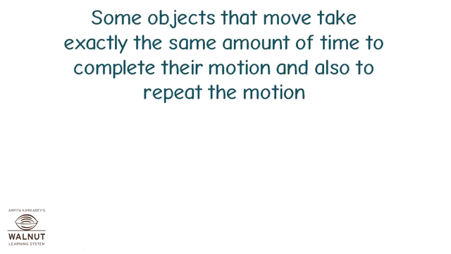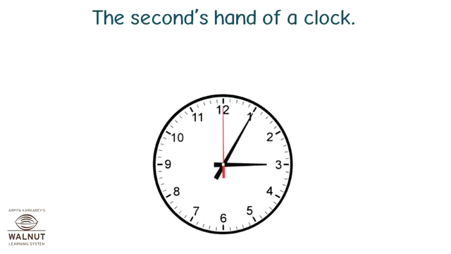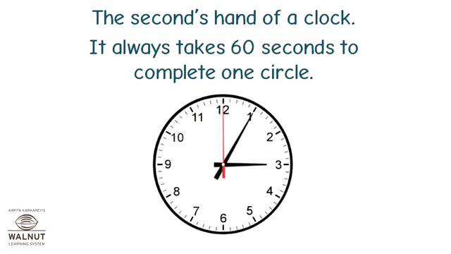Some objects that move take exactly the same amount of time to complete their motion and also to repeat the motion. Can you think of any examples for this situation? The seconds hand of a clock. It always takes 60 seconds to complete one circle.